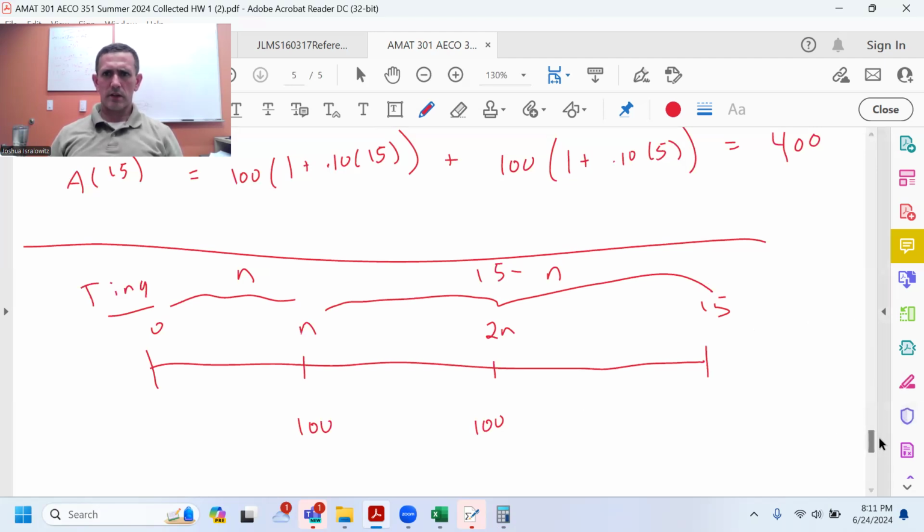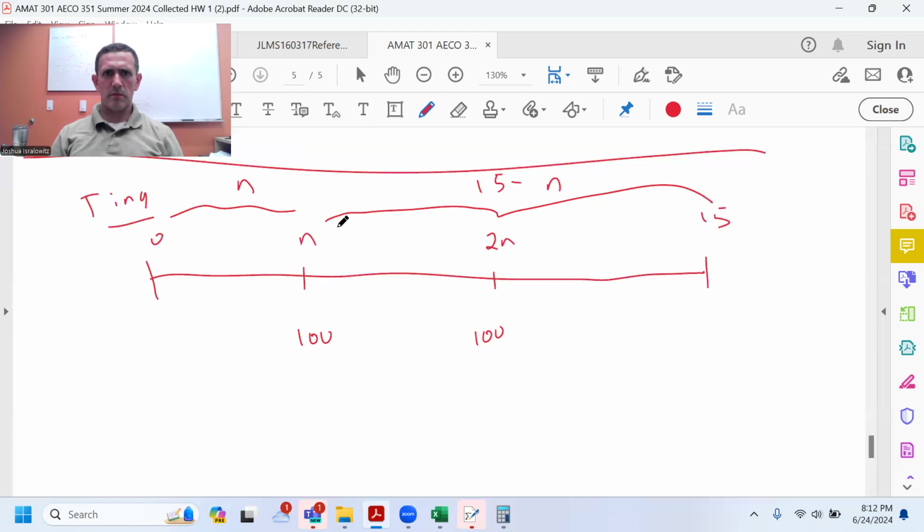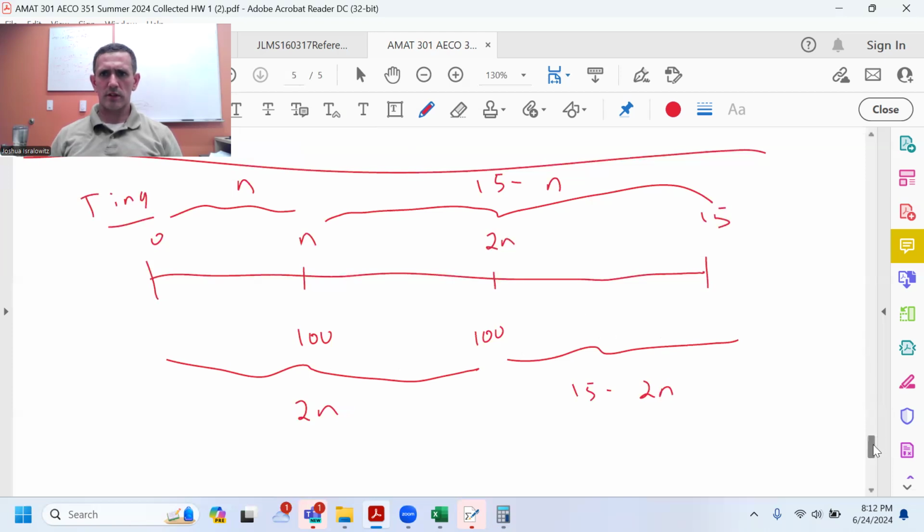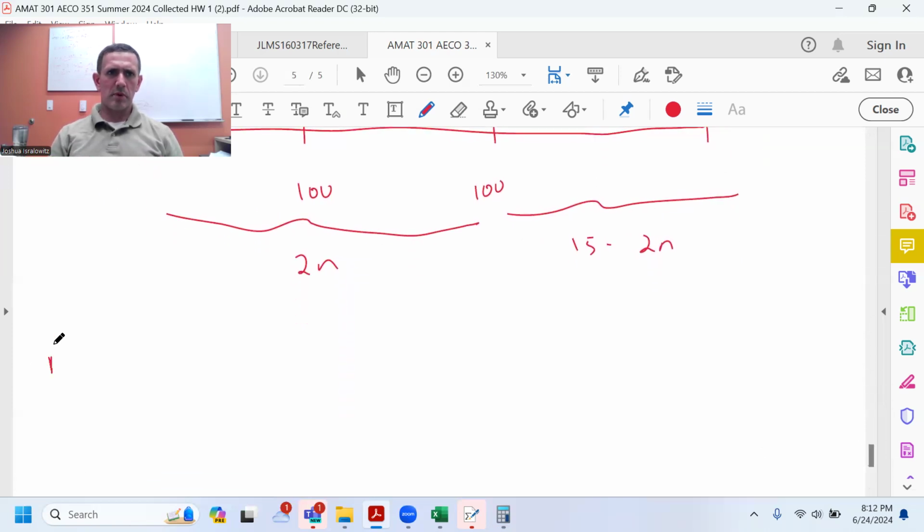And from here to here is going to be, of course, 2n. So this has to be 15 minus 2n years, right? Let's say B is the accumulated value of Tina. So B of 15 is going to be 100. It's at 9%.